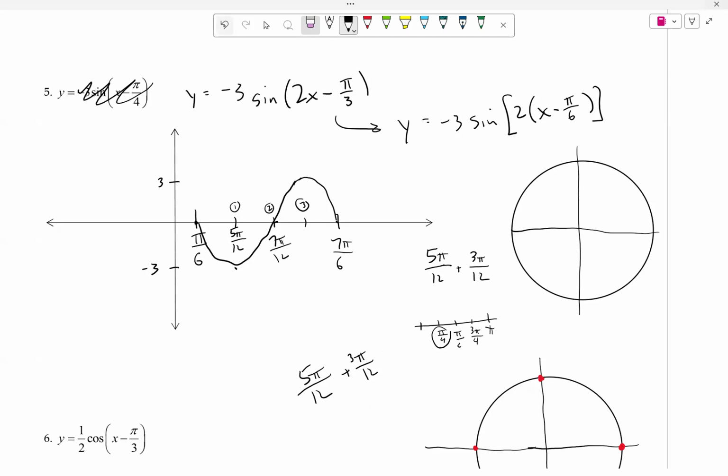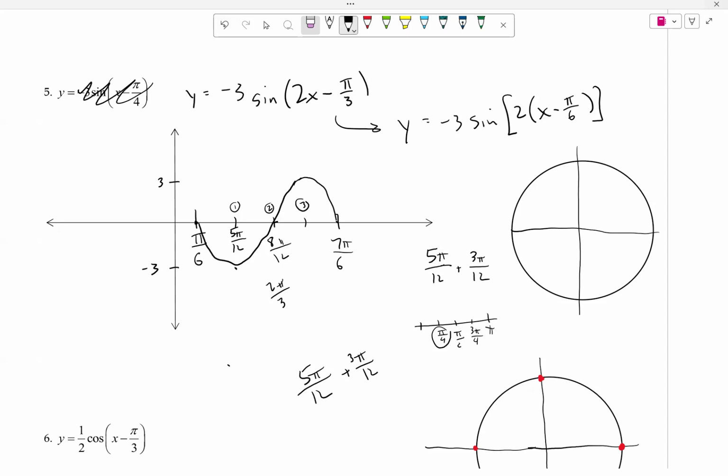Nice. 8 pi over... Wait, so 7 pi over 12, you're adding. Oh, 5 plus 3 is 8 is what you're trying to tell me. Okay. So that gives us 2 pi over 3. Which I think still simplifies.